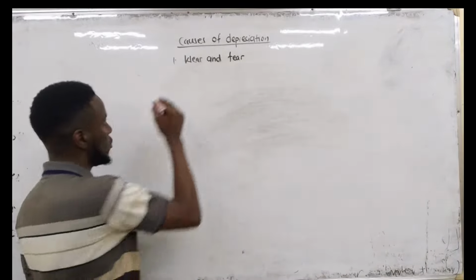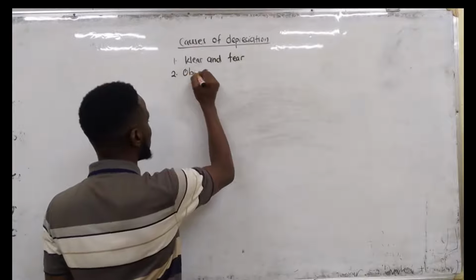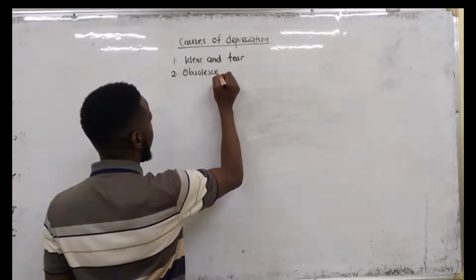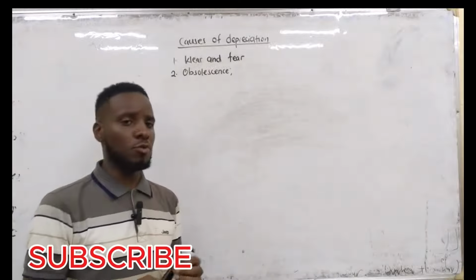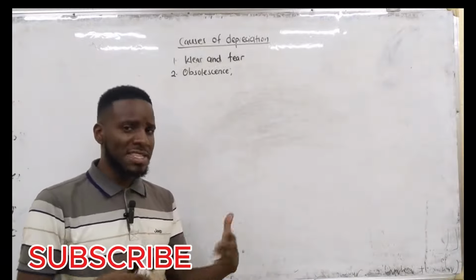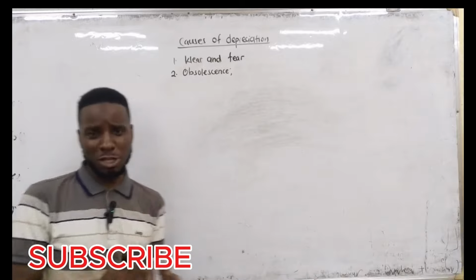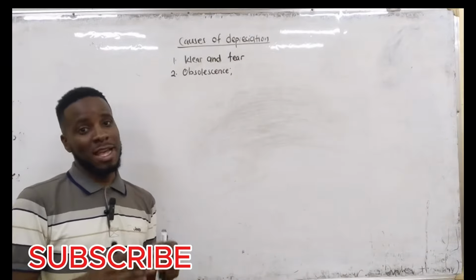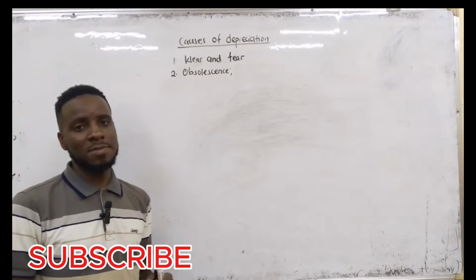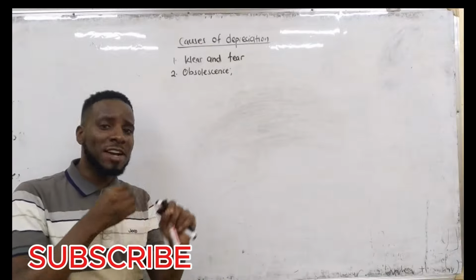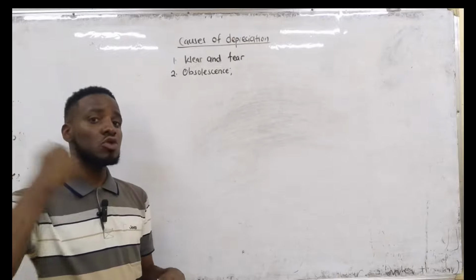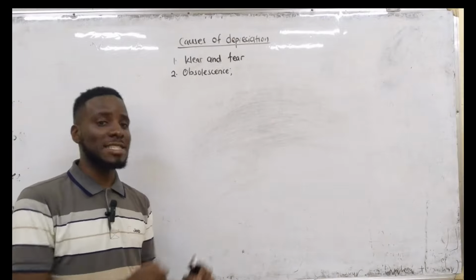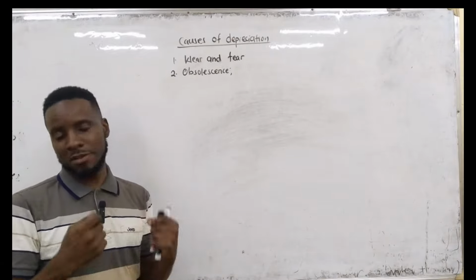Then also we have what they call obsolescence. Now, obsolescence, this is just like when I say that there is an emergence of a new technology. Let me say we have an asset X in the business. Then they introduce a higher version of that asset X, meaning that the older version is going to lose value due to the emergence of a new or updated version.